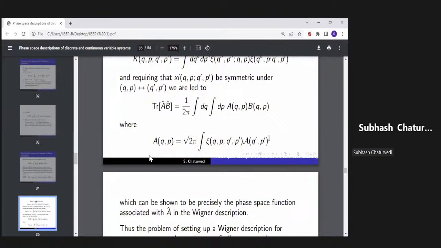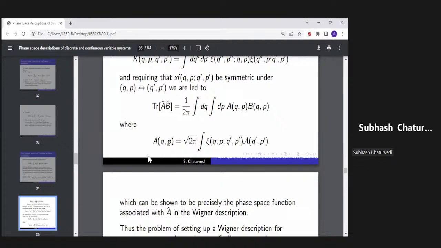A little algebra then shows that A(QP) is precisely the function that one associates in the Wigner description. So what we have done is arrive at the Wigner description purely in an algebraic manner by finding the symmetric square root of a certain kernel.